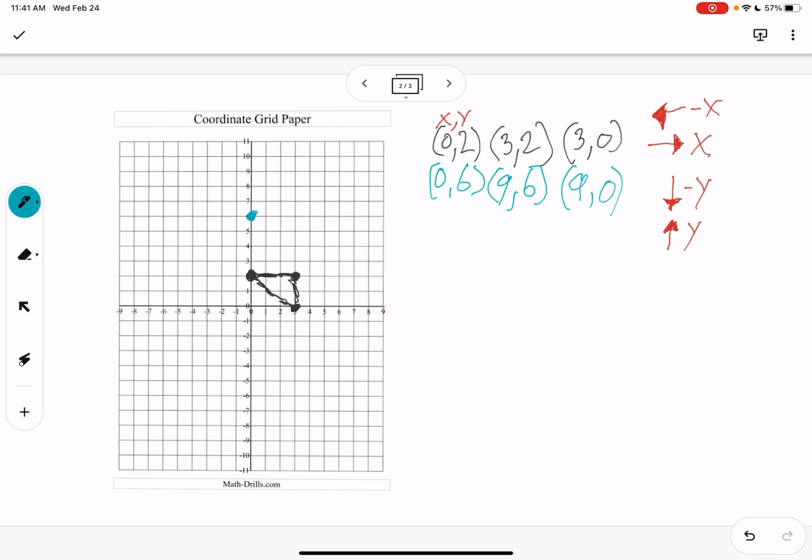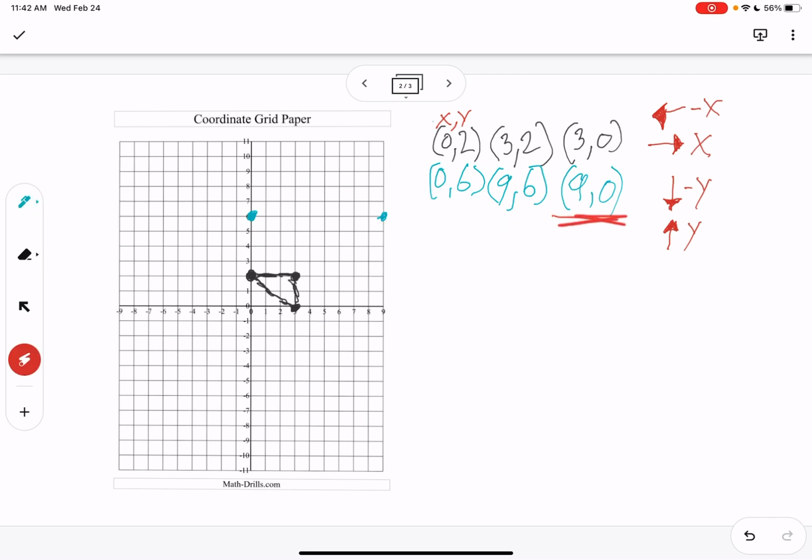So that's the x, the first part. So we're just waiting here. Then it's a positive 6. When y is positive, do we go up or down? We go up. So at 9, we're going to go up: 1, 2, 3, 4, 5, 6. So that's where this point is right there.